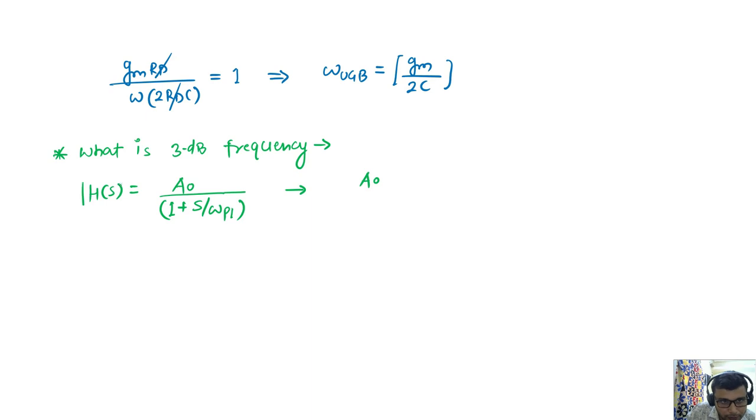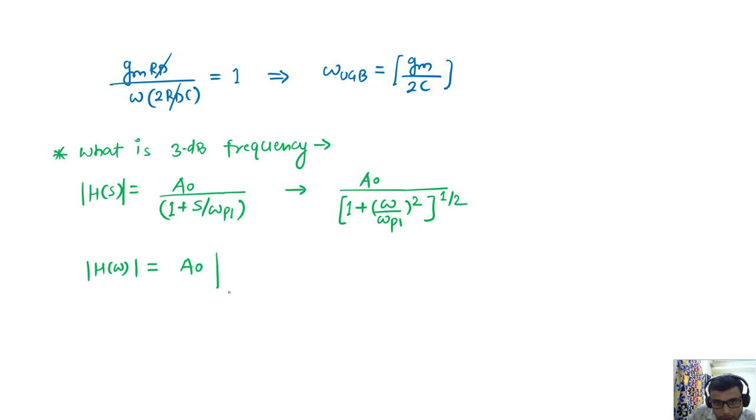So what can we see? The magnitude of H of omega is equal to A naught for omega less than omega P1, so my magnitude is A naught.